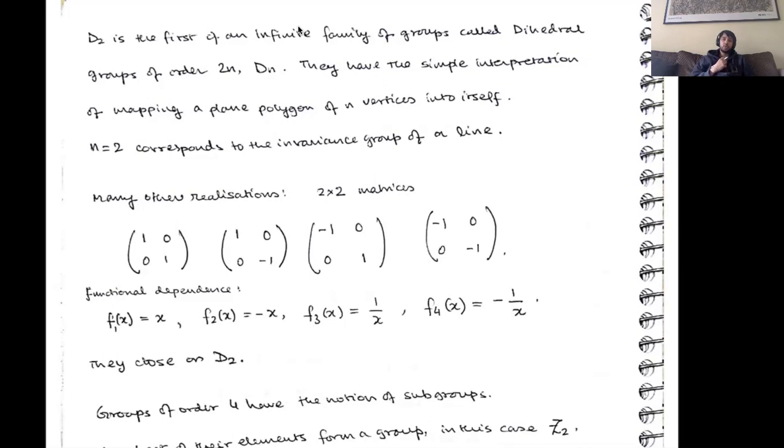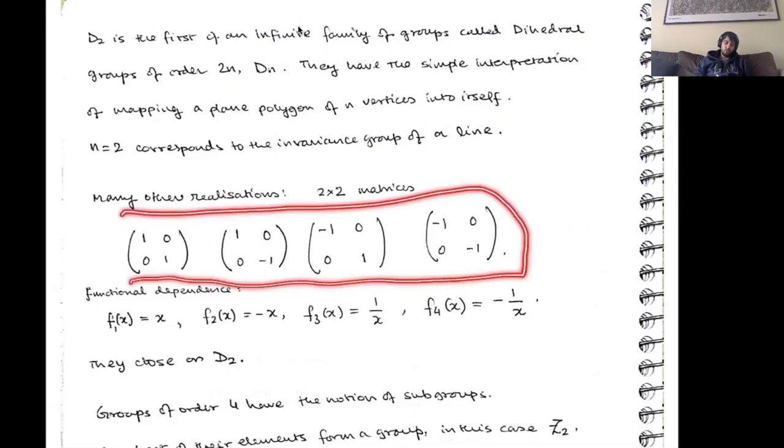This n equal to 2 corresponds to the invariance group of a line. You can read more about this. There are other sorts of realizations as well.